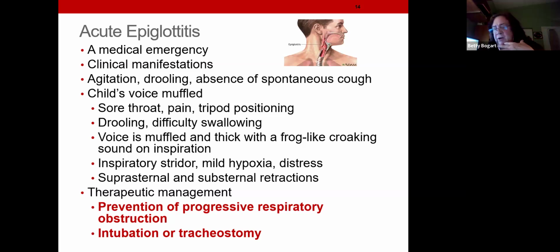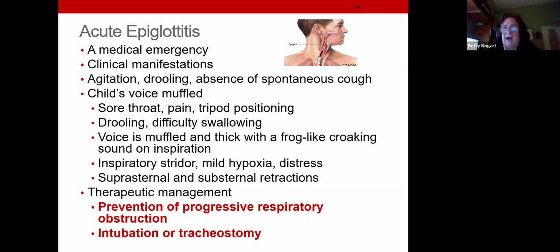Those children are usually in that tripod position, just like COPD adult patients, leaning over, trying to find that little angle that lets the air get into their lungs. They're drooling, they can't swallow, and they can't even talk. And if you let it go on, it's going to progress to respiratory failure.